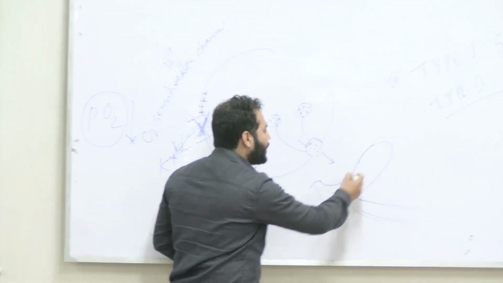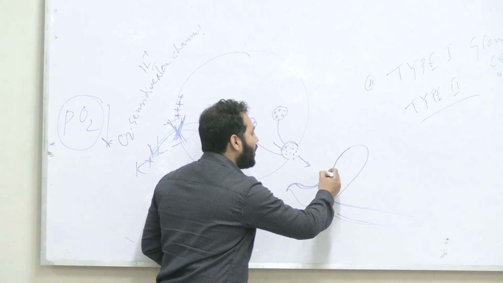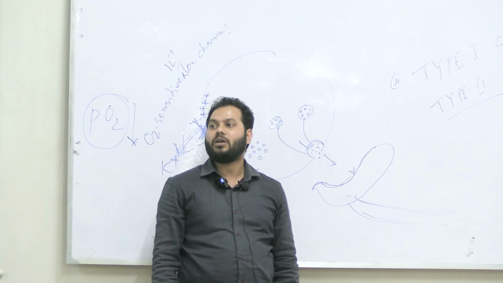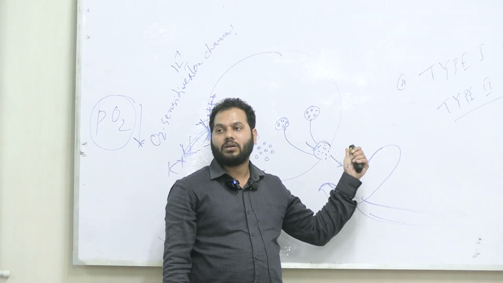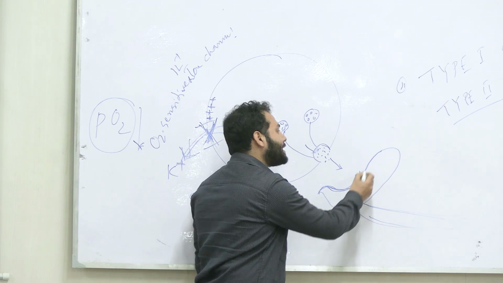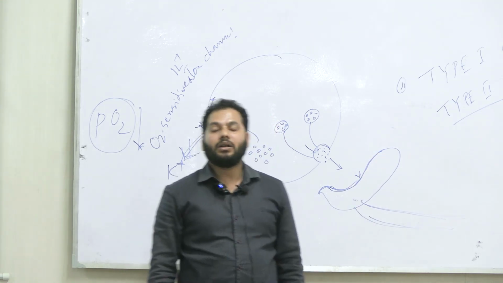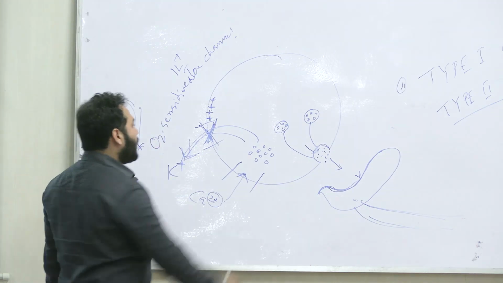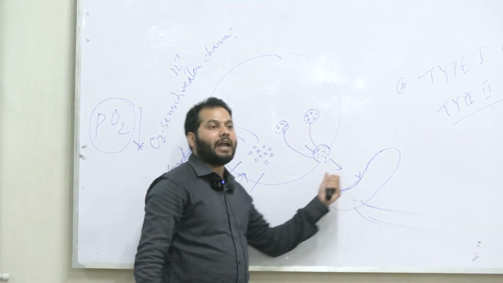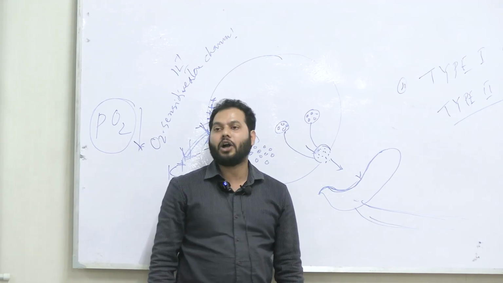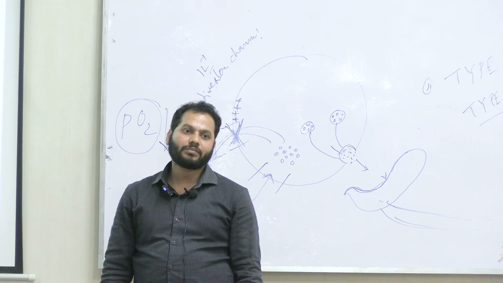In this nerve ending, there are some receptors that are very specific to neurotransmitters. There are different types of receptors present, but the most prevalent type of receptor present in the neuronal membrane is the dopamine receptor.